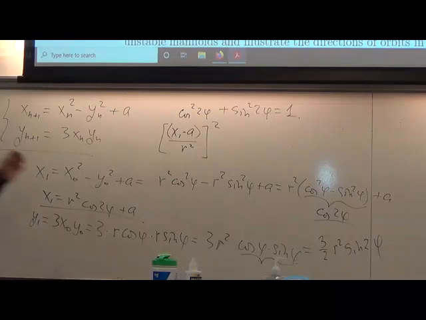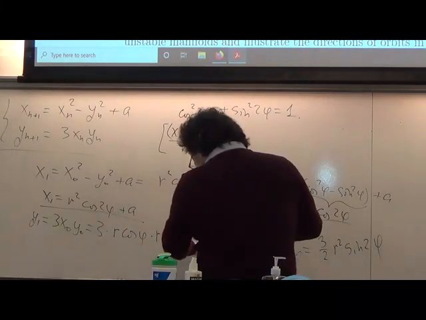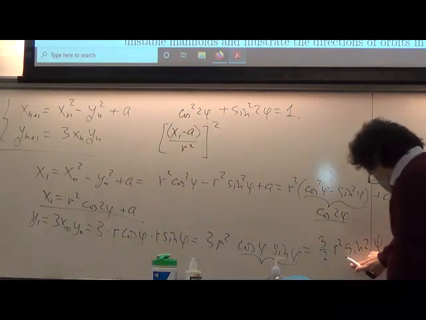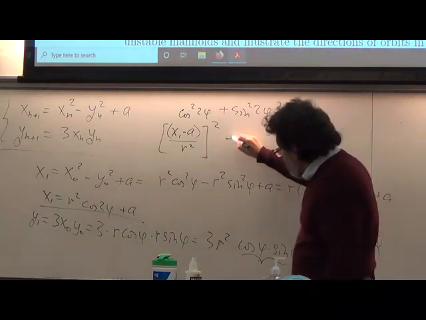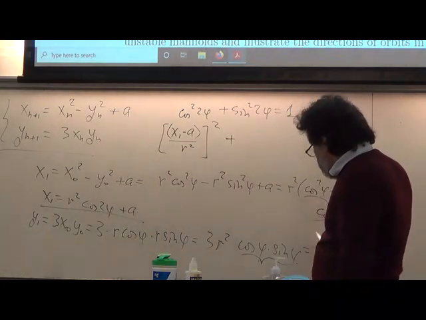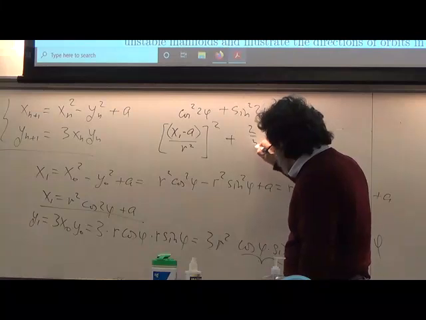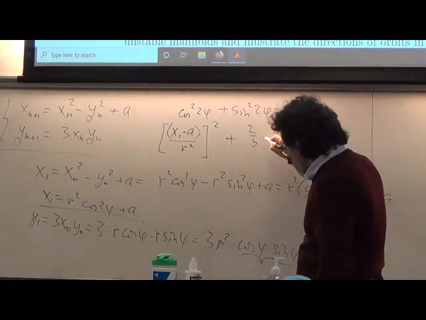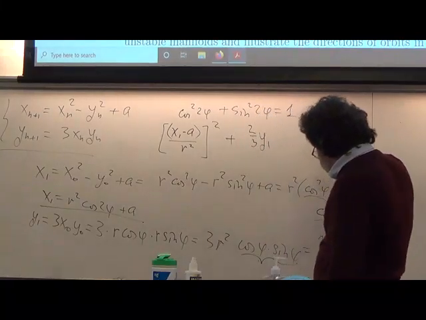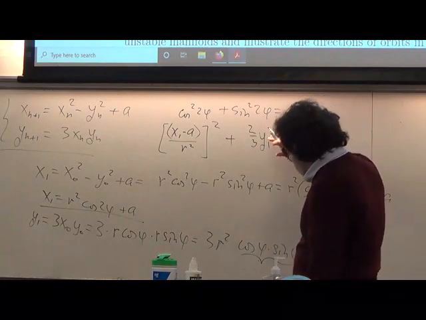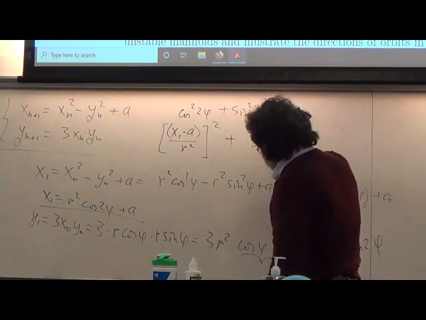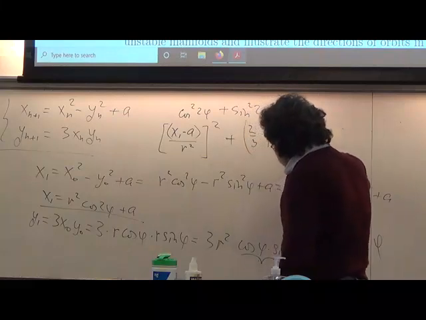And sine squared of 2 phi we can extract from here. This will be equal to 2 over 3 times y1 over r squared. Now this is correct.